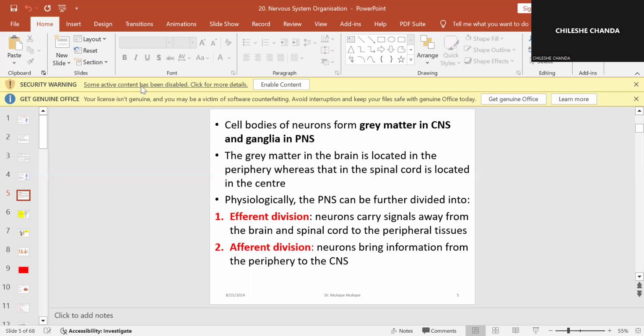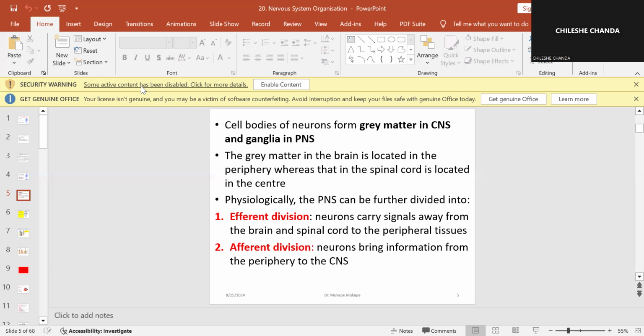Now, efferent and afferent, these two words mean different things. Afferent means bringing something, if it's blood, if it's impulses, it's afferent. So those neurons that bring impulses from the peripheral nervous system to the central nervous system are afferent neurons.